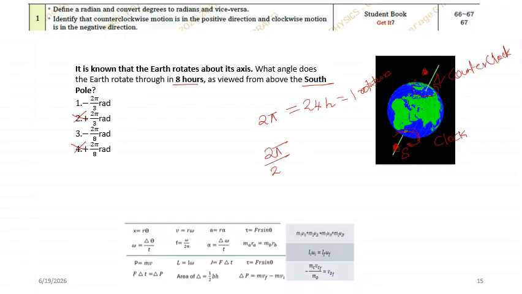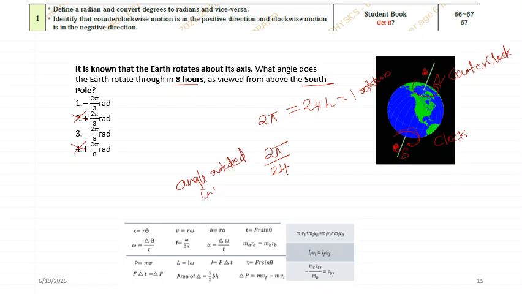So this will be the angle rotated in 1 hour. Now see what they are asking. The question demands the angle rotated in 8 hours. So what is to be done? If this is the angle rotated in 1 hour, you just need to multiply this with 8 so that you will get the angle for 8 hours.